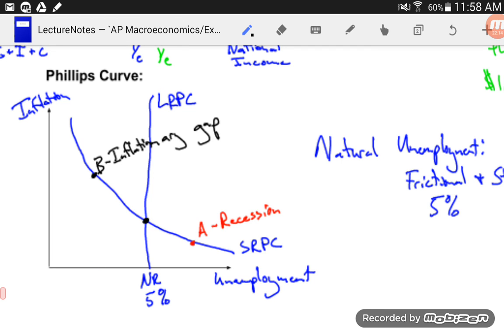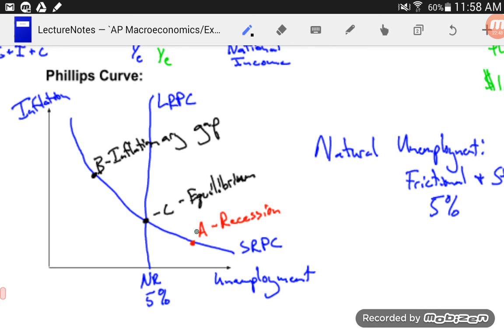And then, of course, our long-run equilibrium is always going to shift back to this long-run Phillips curve. So at this point, we are in equilibrium. Equilibrium means we are at full employment. We have a low inflation rate, but not as low as we would during a recession, and we have low unemployment.